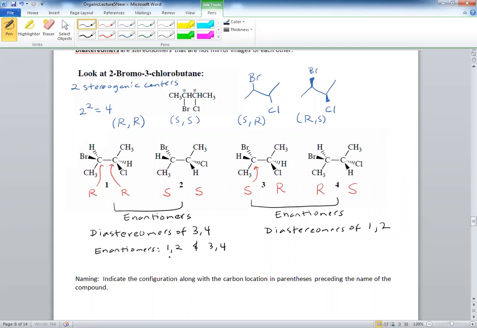Again, 1 is an enantiomer of 2, 3 is an enantiomer of 4, but the diastereomers are 1 to 3 is a diastereomer, and of course 1 to 4.